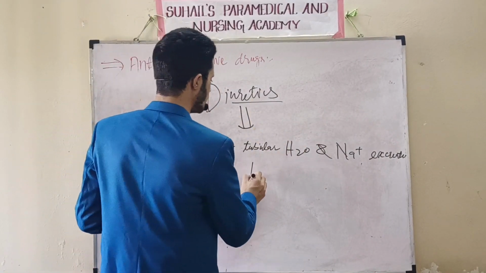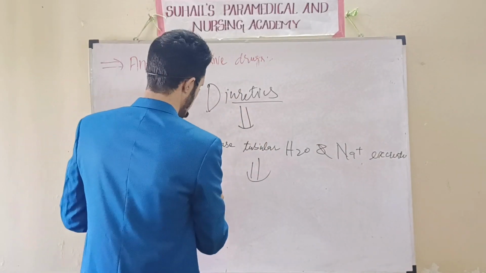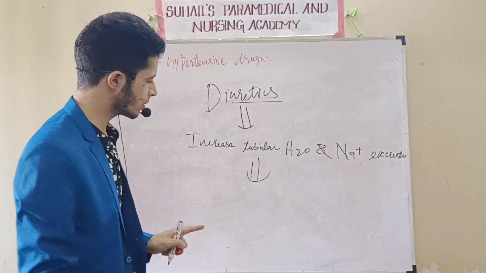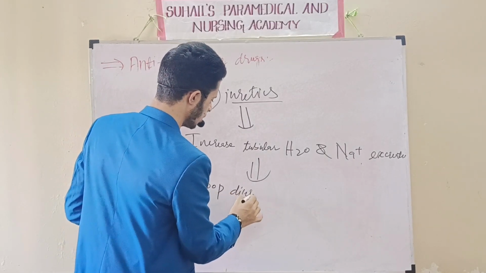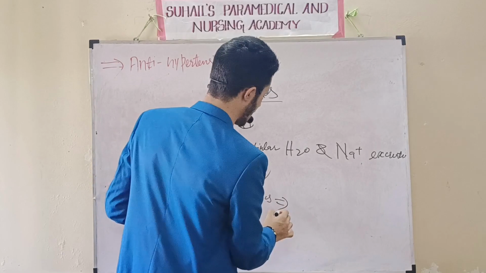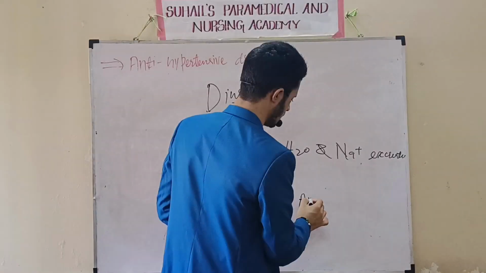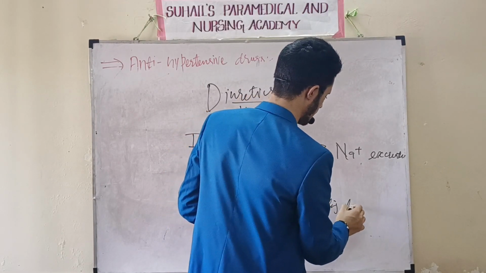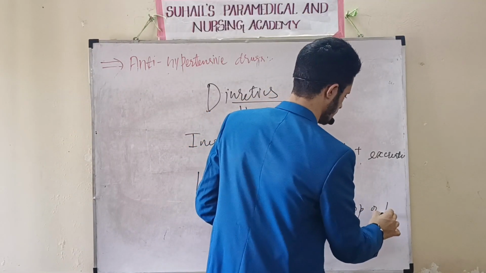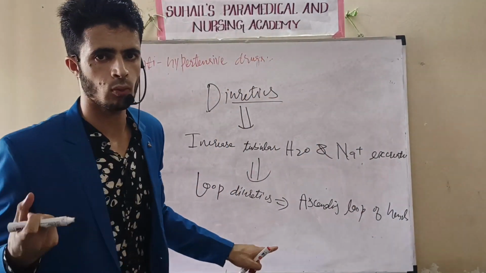And how do they act? What is the mechanism behind this? There are two types. One is called a loop diuretic. Loop diuretics will act on the ascending loop of Henle.